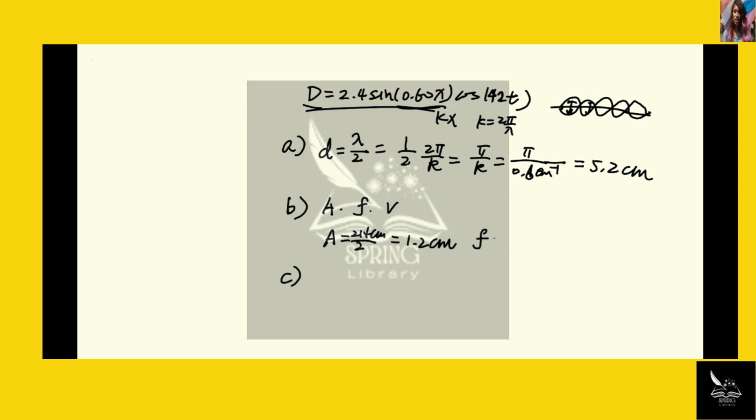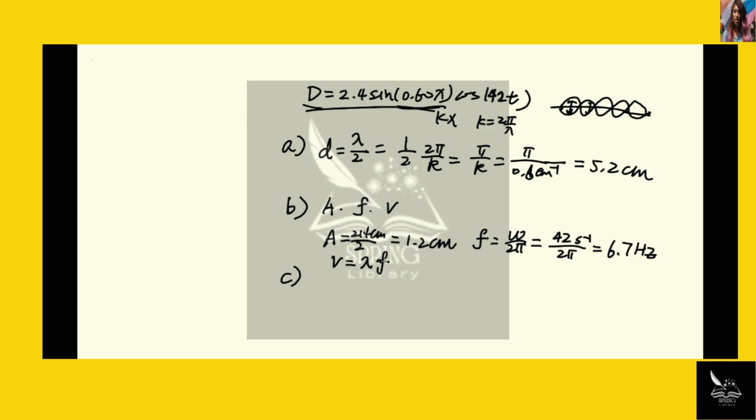So frequency equals omega over 2 pi, and we know omega is 42 per second. So this is 6.7 hertz. And for velocity, we know what lambda is, and we also know the frequency.